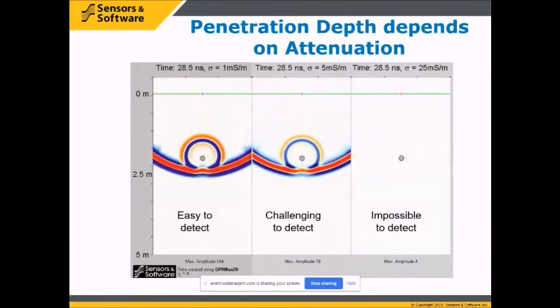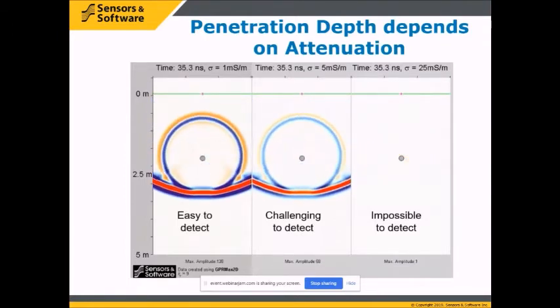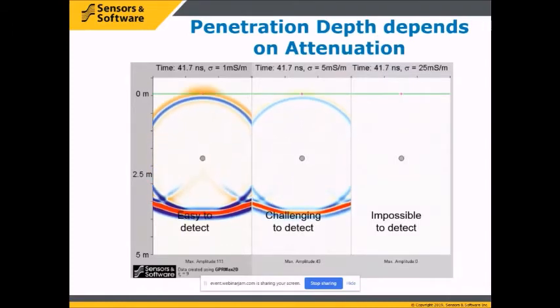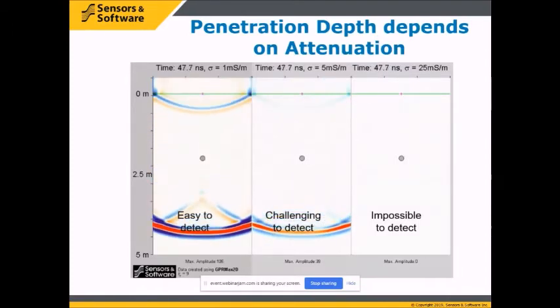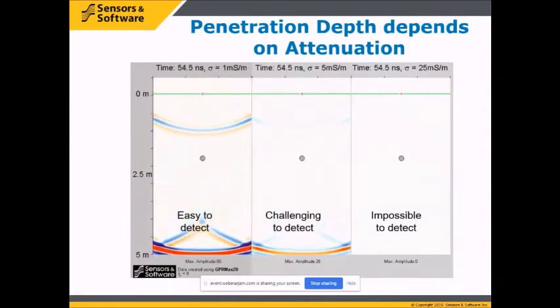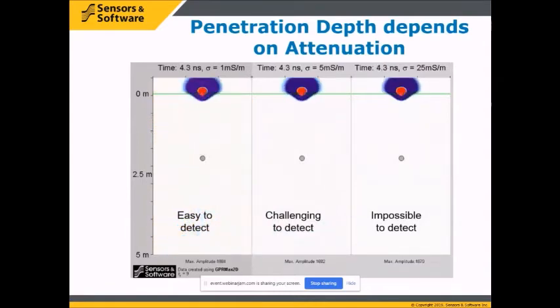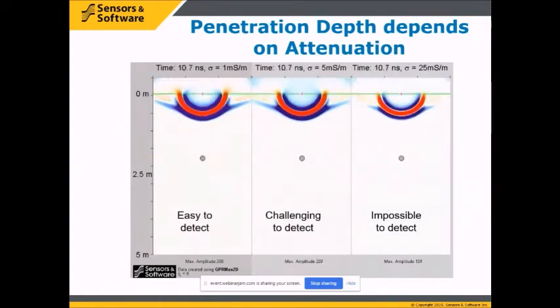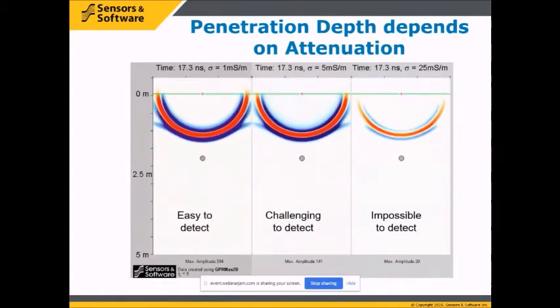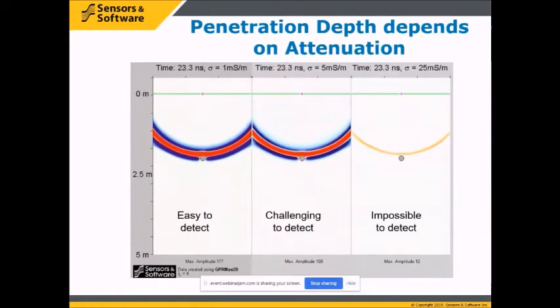We know this more commonly as clay is bad for GPR, but the underlying cause for people to make that statement is that clay-rich soils generally have a high electrical conductivity. So here's an animation that shows what happens to the GPR signal as it travels in materials with different electrical conductivities.